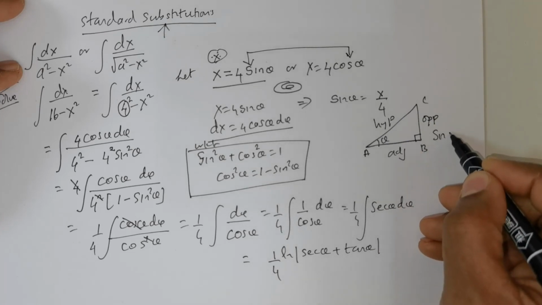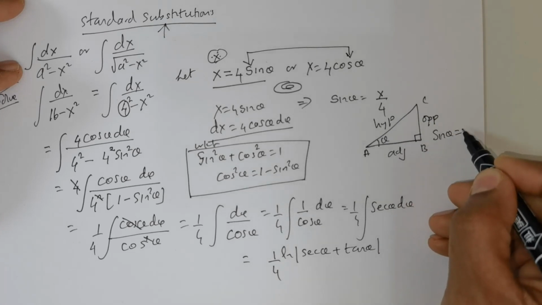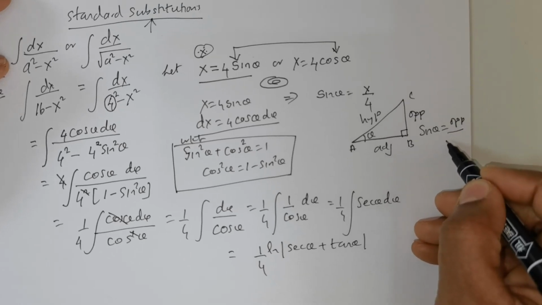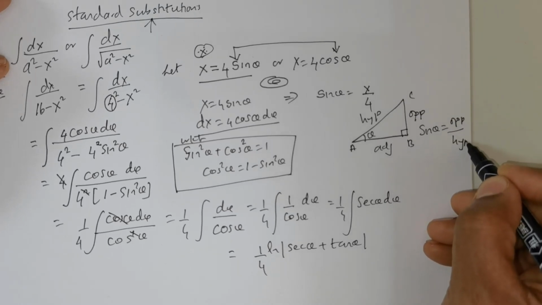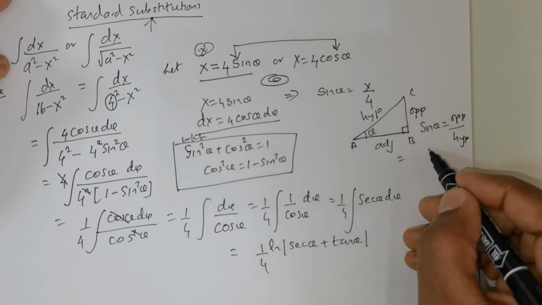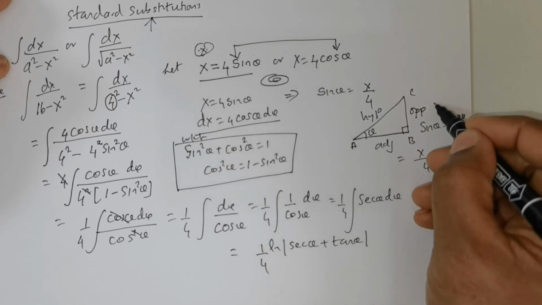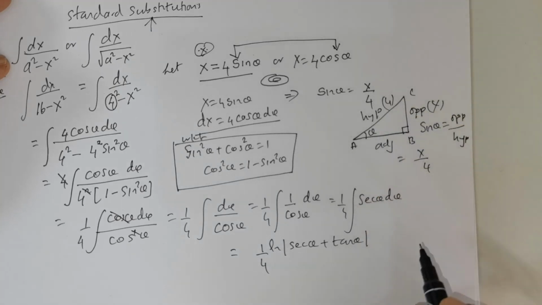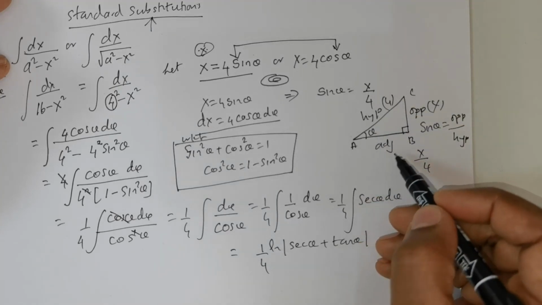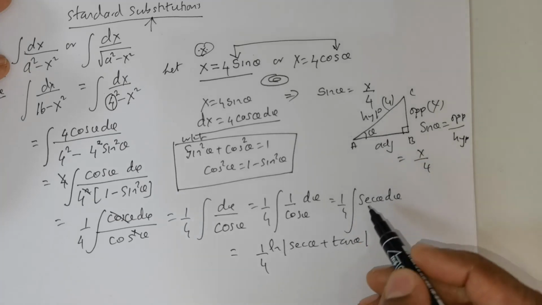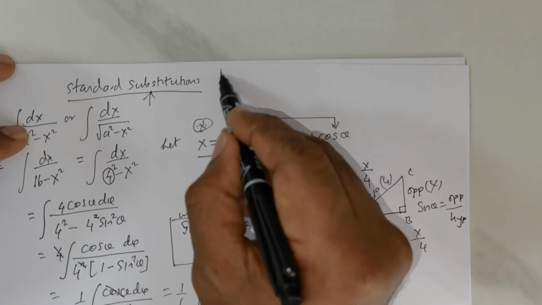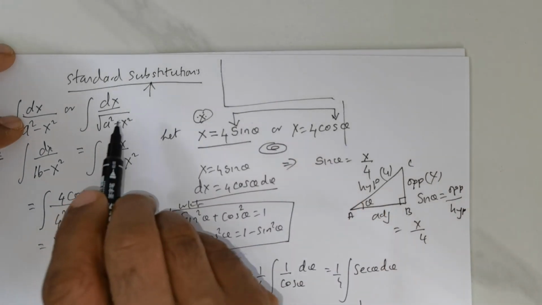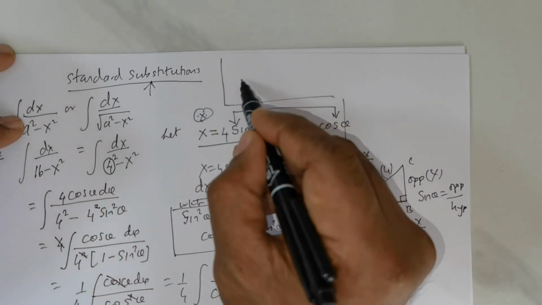So the trigonometric identity for sine theta in terms of ratios is sine theta is equal to opposite side divided by hypotenuse. So my opposite side is x over 4. So this is going to be my x and this is going to be my 4. So I would have to get the adjacent side. For that, I would be using the right triangle identity, the Pythagoras one.